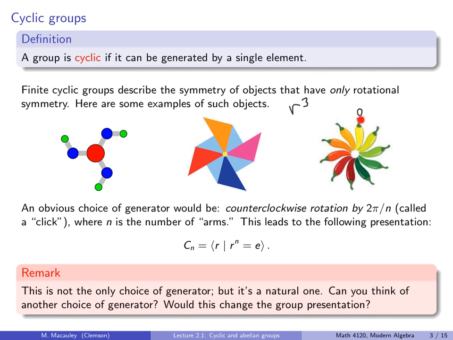If we apply it once, we get to 1, 2, 3, right there. I'll mark a 1. If we apply it twice, we get right there. If we apply it 3 times, we get it right there. 4 times gets us there. And 5 times gets us there.